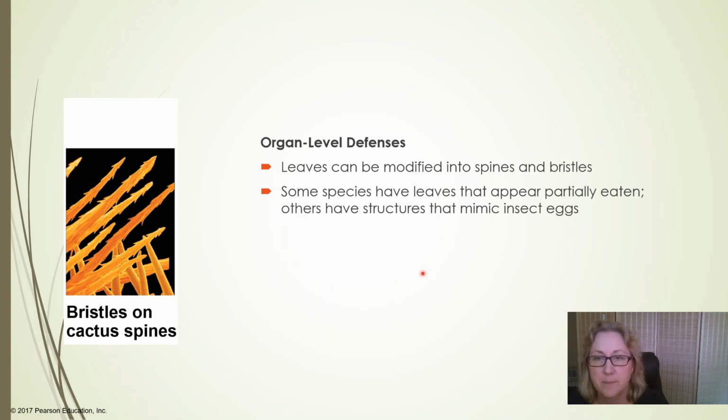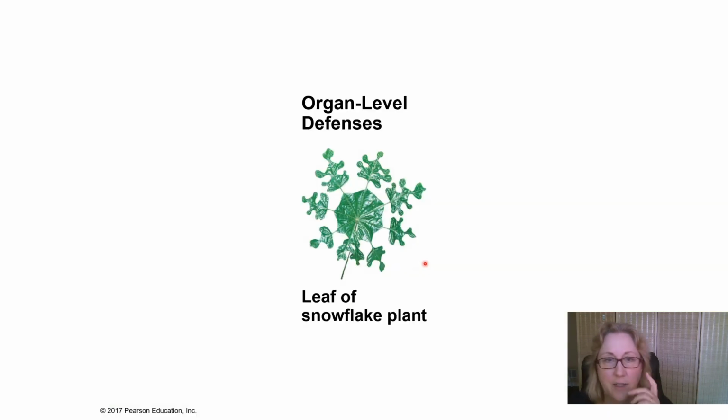And interestingly, sometimes as a defense mechanism, the leaves look like they've been eaten already, or they look like they already have insect eggs on them. There are a number of plants that excrete little structures on their leaves that look like insect eggs, because a moth or a butterfly will not lay their eggs on a leaf that already has eggs on it.